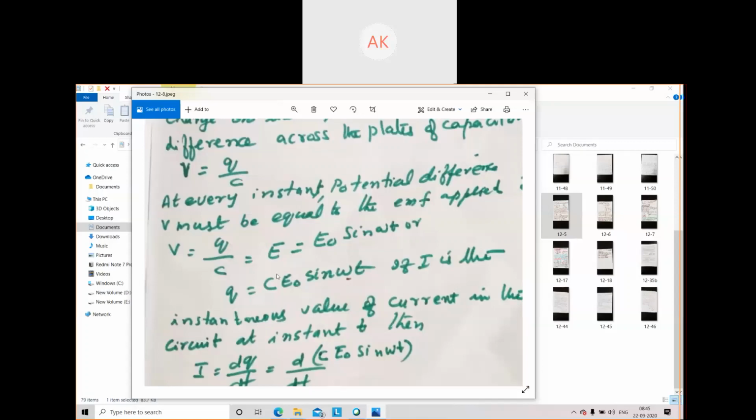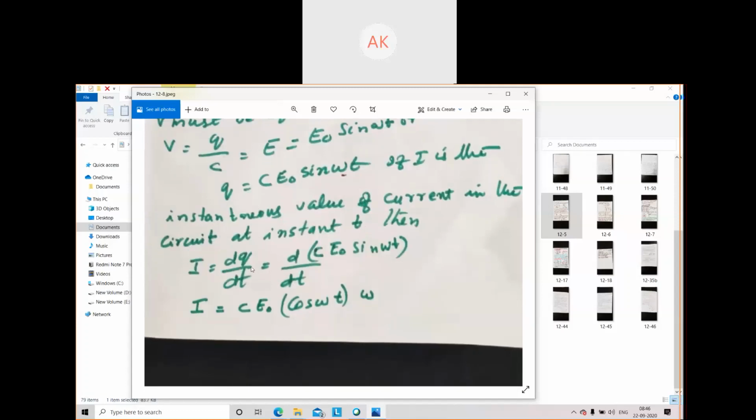When you get Q, differentiating it with respect to time, we know the rate of flow of charge is current. So when you get the expression for Q, we can find the equation for current, I equal to dq by dt. So d by dt of what is Q? Q equal to C E0 sin omega t. Differentiating that, we get the expression.